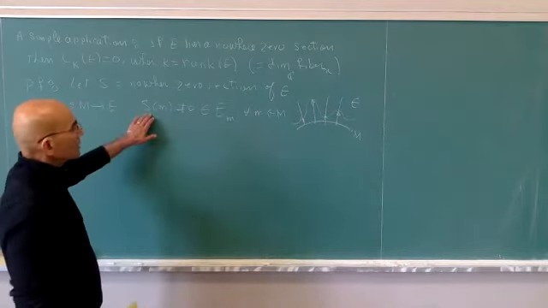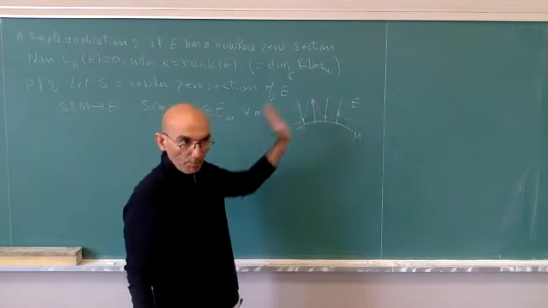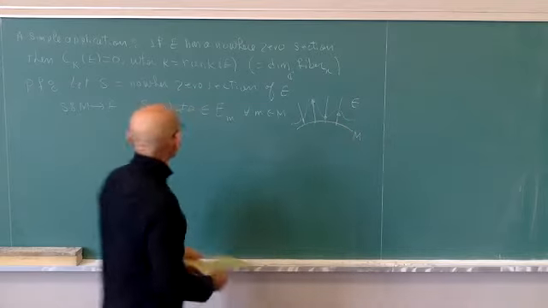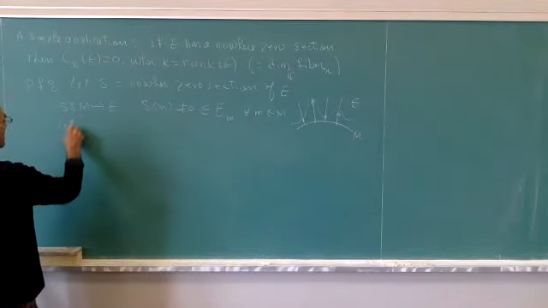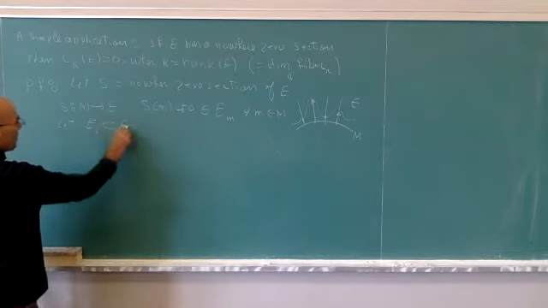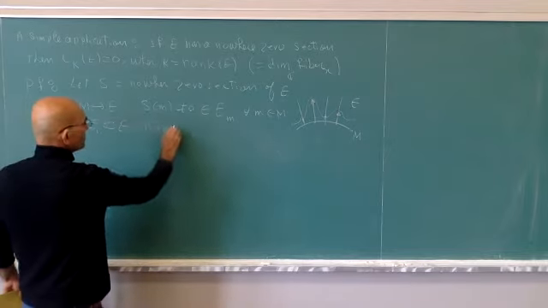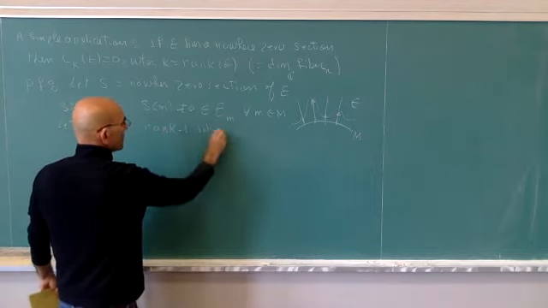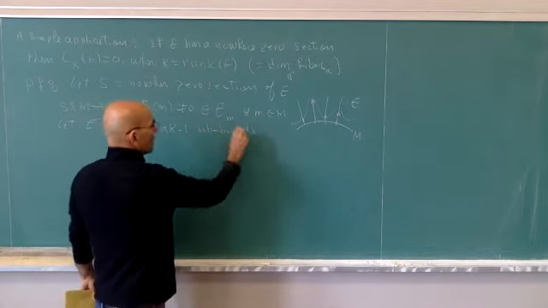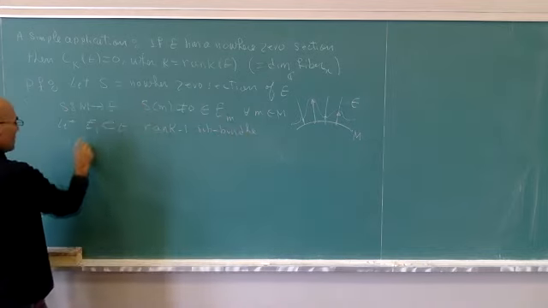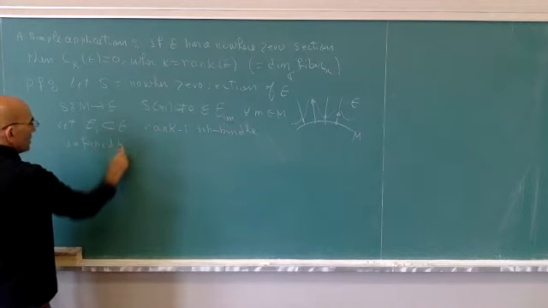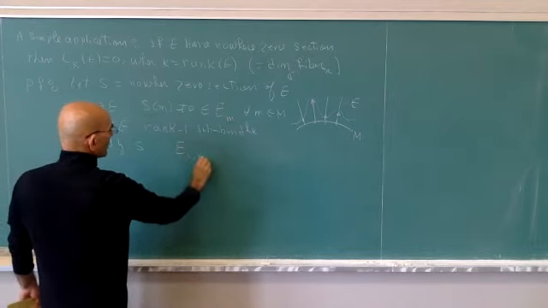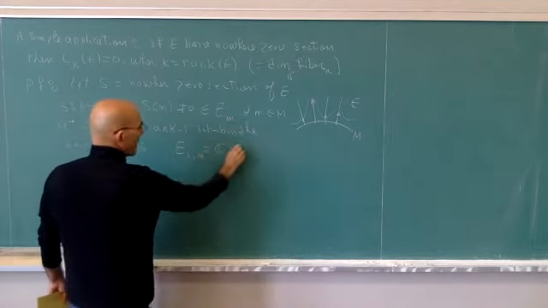Now you can use this section to define a rank 1 subbundle. At each point, the bundle is generated by this vector. So let E1, a subset of E, be the rank 1 subbundle defined by S. The fiber of E1 at any point m is basically C times S at m.